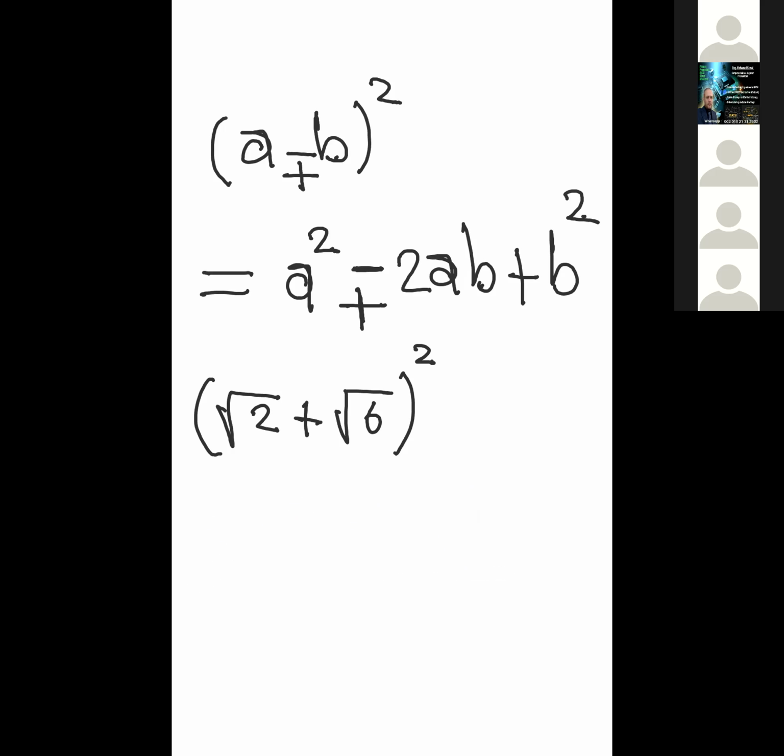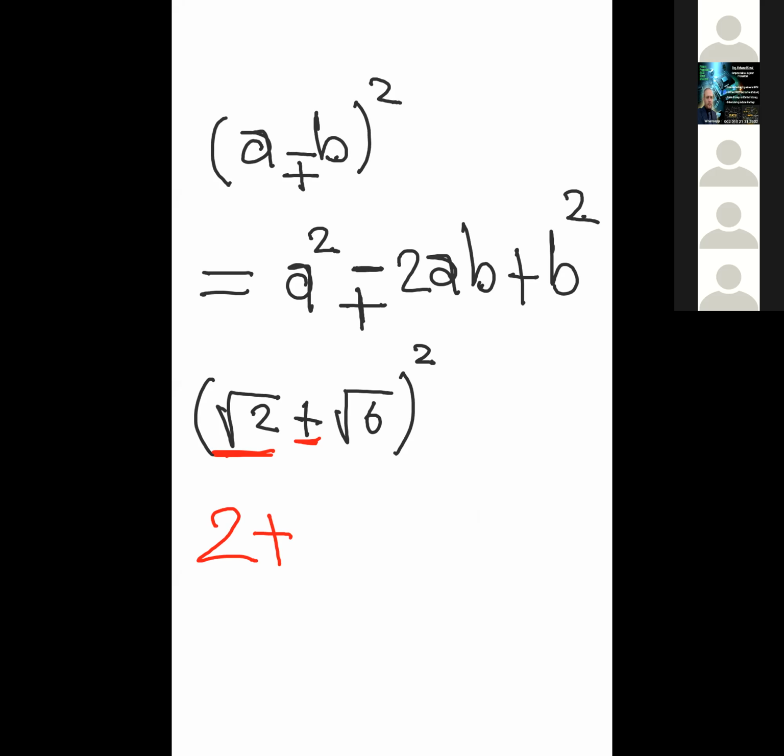So here we will apply this rule. The first term squared: square root of 2 squared means 2. And then here is a positive, then positive: 2 times the first times the second. So 2 times the square root of 2 times the square root of 6.